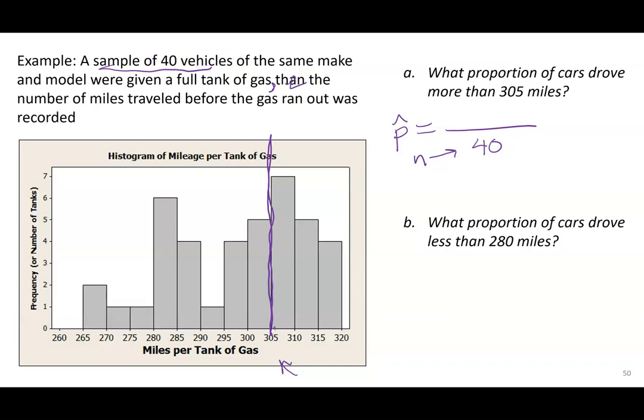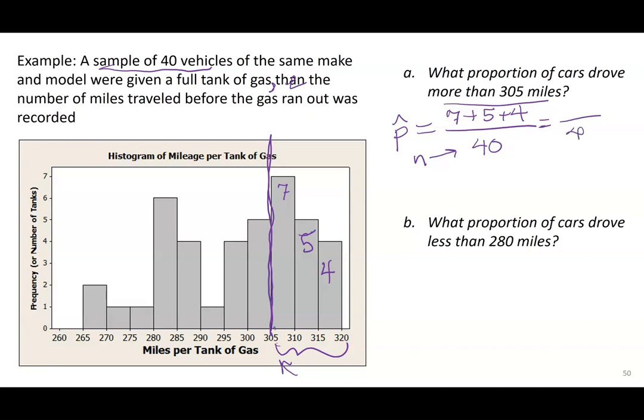Then to find out what goes in the numerator, I want more than 305 miles, so I need to add up these three bars. I need to find the height of each one. So this one looks like it's 7. That one looks like it's 5, 4. So 7 plus 5 plus 4.